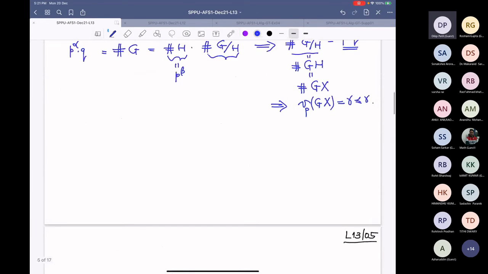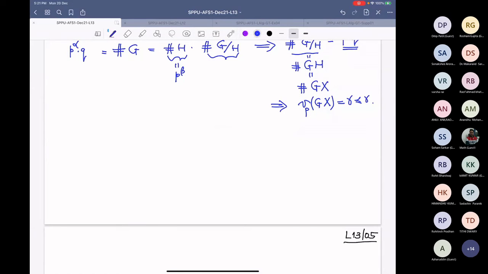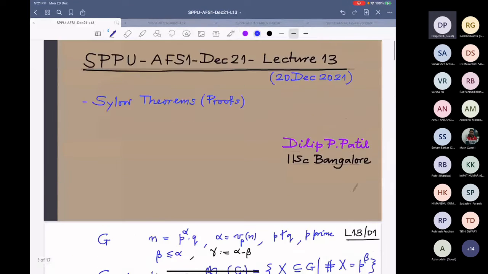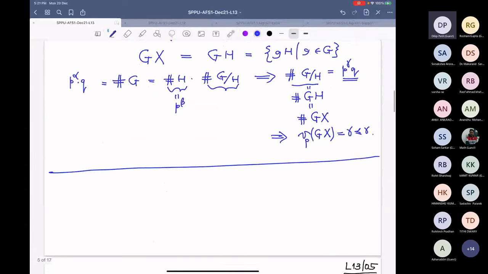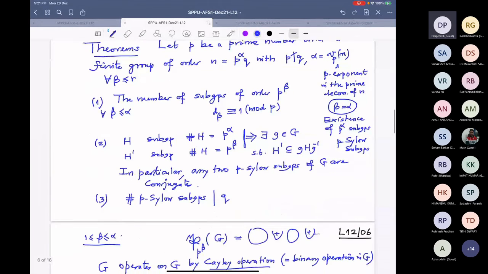All right, so resume the proof. So now let us see what we want to prove now. The statement 1, Sylow theorem. All right, so I have to open up the earlier lecture. So here, what do we want to prove?